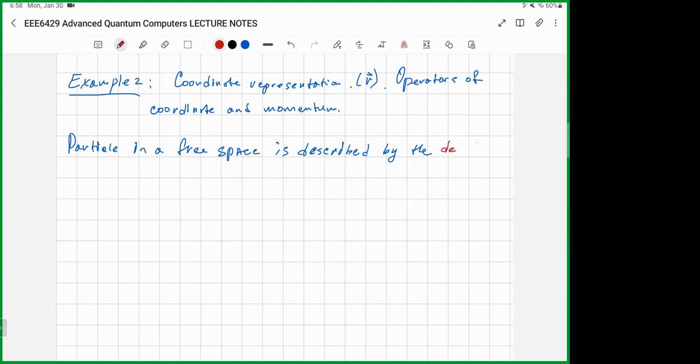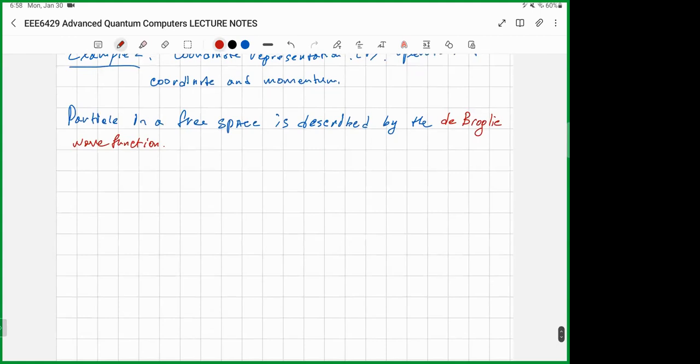The de Broglie wave function can be written this way. It is denoted by k vector.